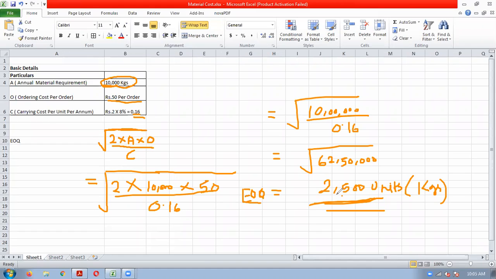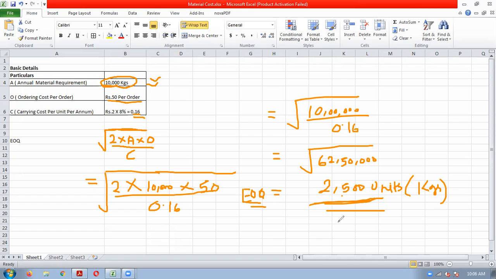So we will always place the order for 2,500 units. Since we require 10,000 kg, we will place order 4 times in a year: 2,500, 2,500, 2,500 and 2,500. If you place more or less, your cost will be different and that will not be your minimum cost.